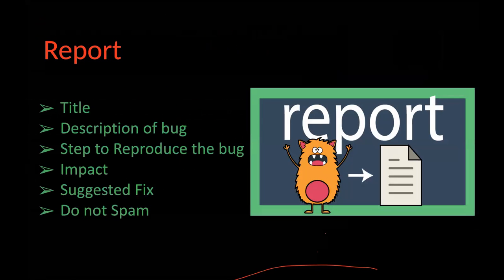When we write reports, there is a format to follow. First, give the title: what the vulnerability is, and all of that goes in the title. Then put the description: what the vulnerability is and how it is possible.